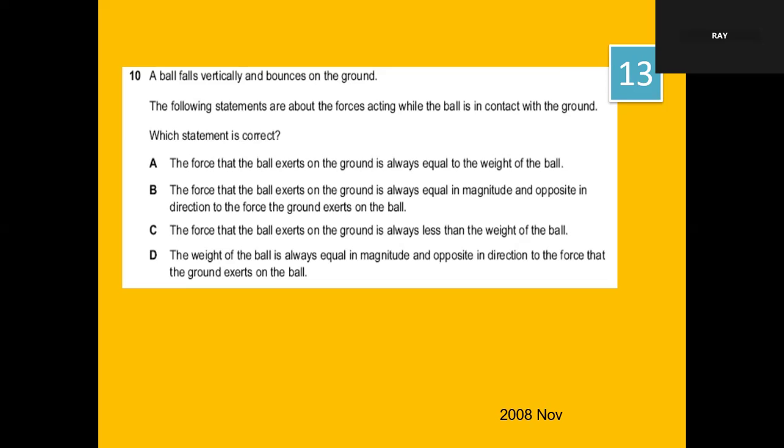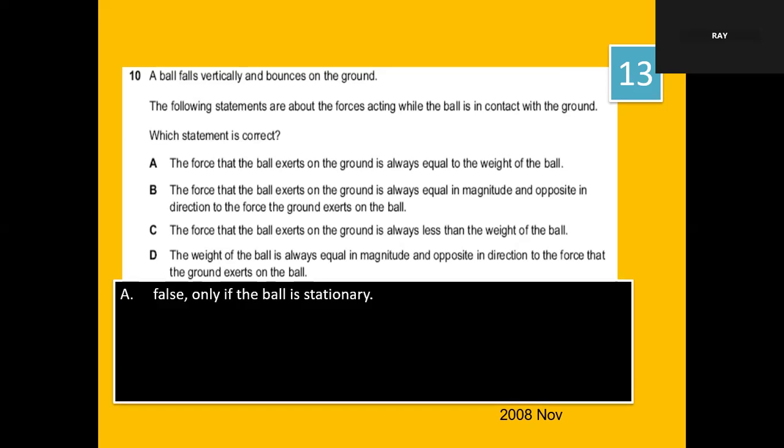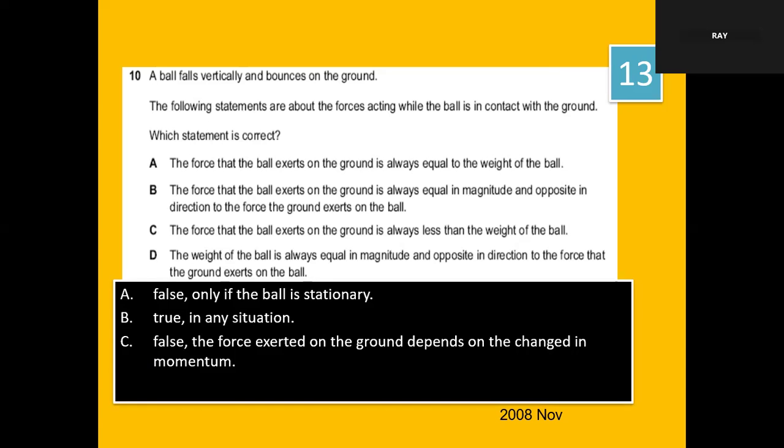I think it's B. The force that the ball exerts on the ground is always equal in magnitude and opposite in direction to the force the ground exerts on the ball. This is your Newton's third law of motion.